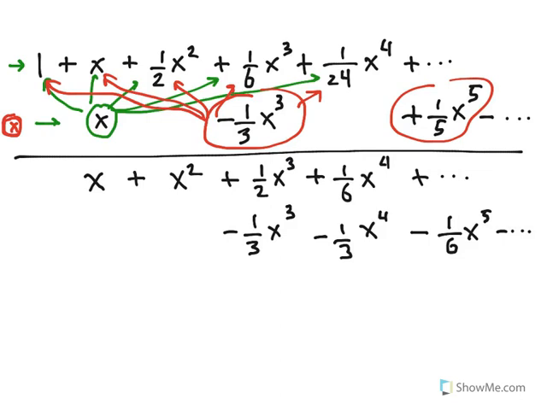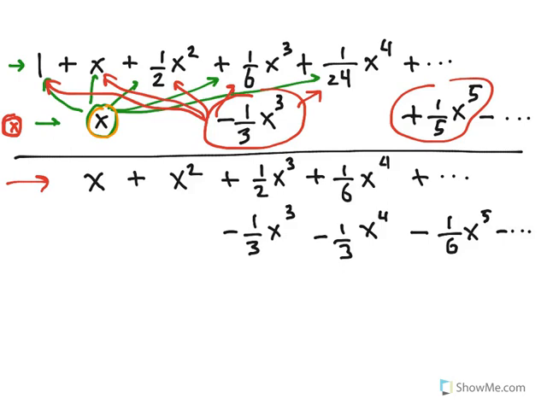I probably want to list one more term from the first line, and you'll see why. So in the first line I had x times 1, x times x, which is 1/2 x squared, x times 1/6 x to the third. Well, maybe I don't really need to, but let me just go ahead and do it.